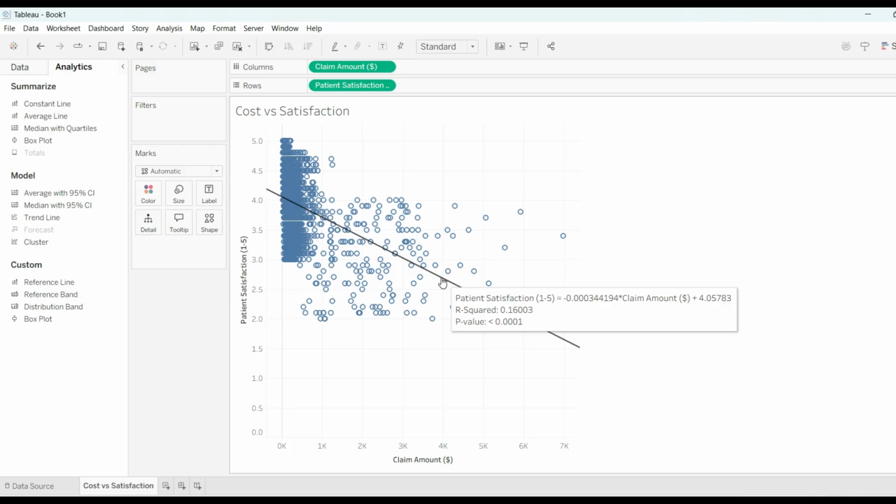That means we can be confident this negative relationship between cost and satisfaction is real. It's not a fluke of our sample. However, statistical significance does not mean the relationship is strong. A p-value tells you the relationship exists. R squared tells you how strong it is. So you need both.